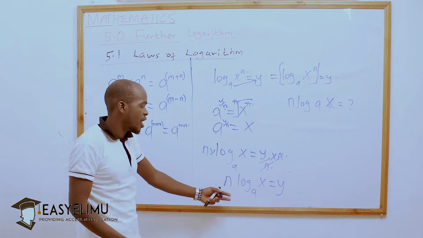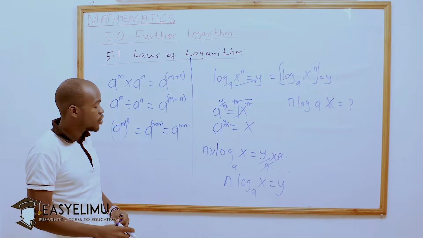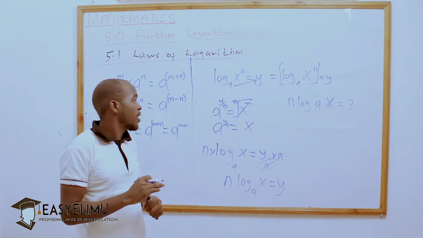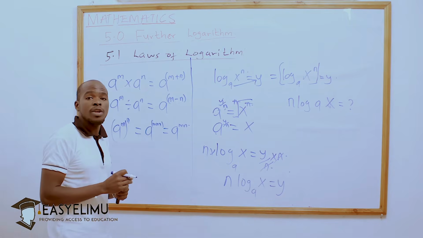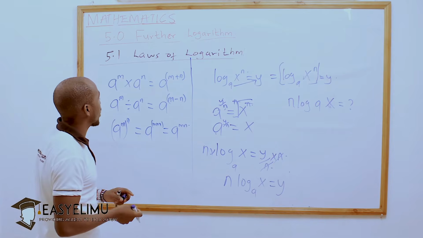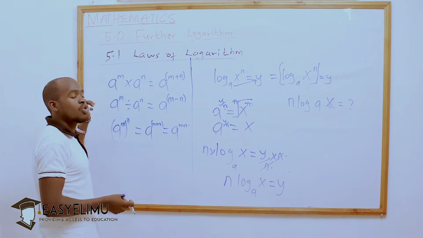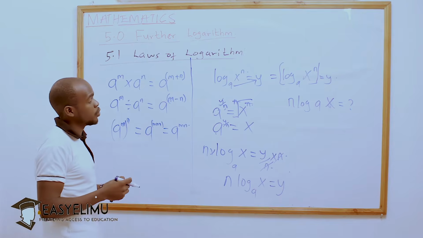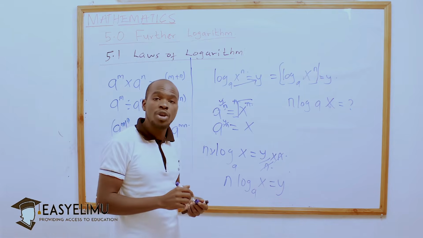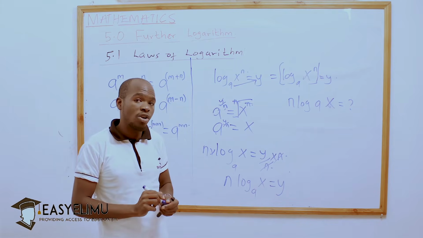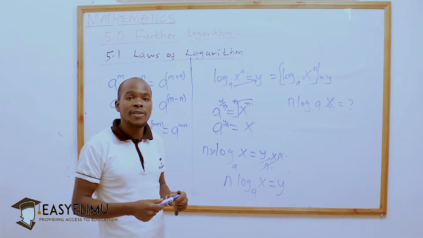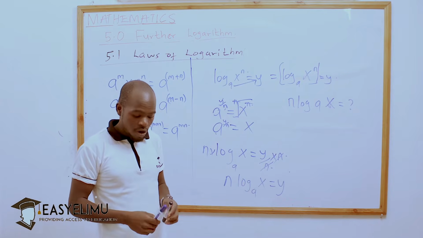So that is what we have concluded from that situation. So we have seen the three further logarithm laws which have arrived from the normal equation which we knew from Form 2. We shall be using them as we go on with our calculations in further logarithms, and we shall see how it will affect our workings.